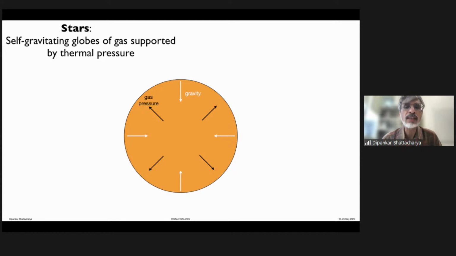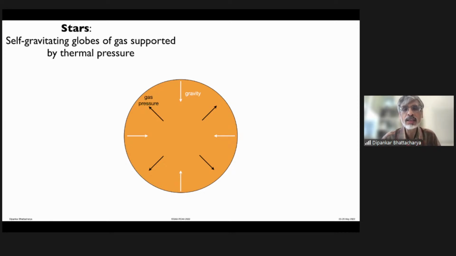And for a star like the sun and all these bright points of light that I talked about that you see, this gas pressure mainly comes from the thermal pressure of the gas. So that is, the gas is hot, which means every gas atom or ion and electrons in there are moving about at a rapid pace given by the thermal velocity.